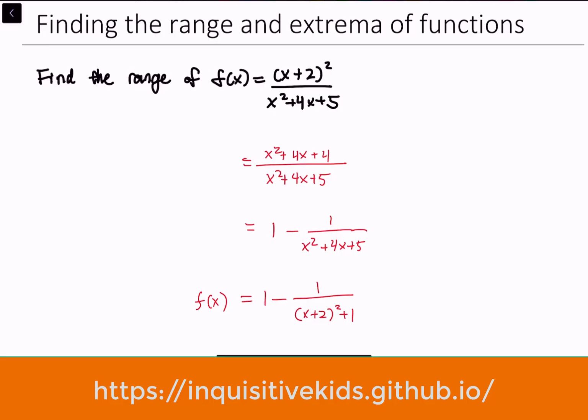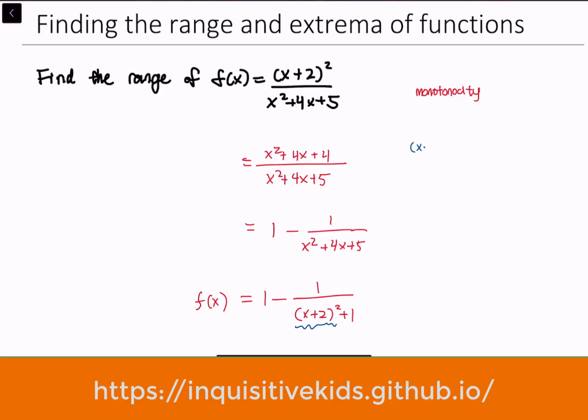Now let's think about the monotonicity of the function. This is when we're basically trying to think about, on a certain interval, is the function increasing? Is f of x increasing along with x? Or is it decreasing as x increases? So here we have a perfect square. Perfect squares can only be 0 or more.